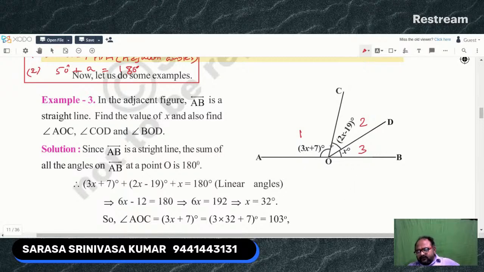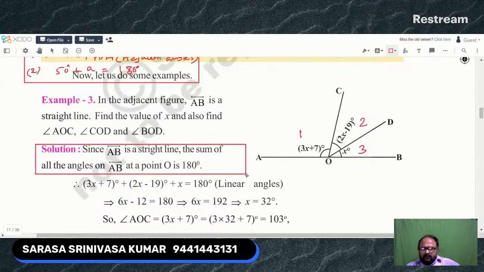Here it is observed that AB is a straight line. Since AB is a straight line, here we have also already written here. Here we have mentioned that AB is a straight line. Since AB is a straight line, we can write that the sum of three angles is equal to 180 degrees.